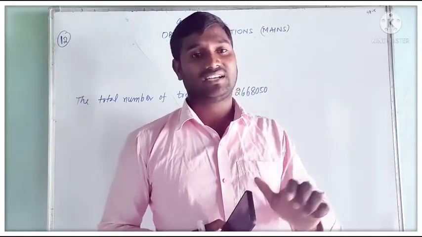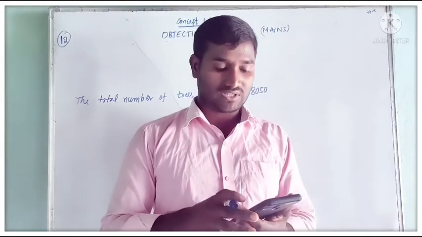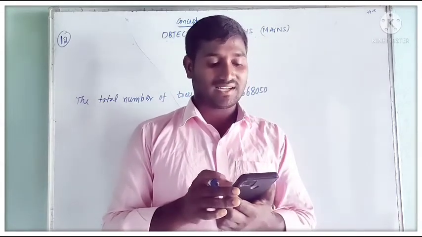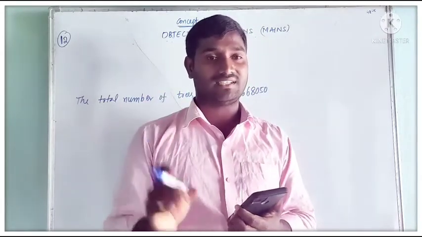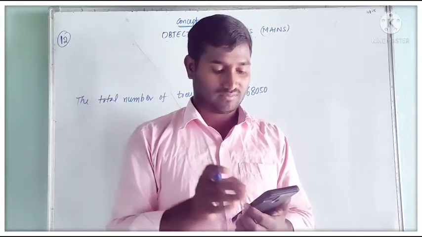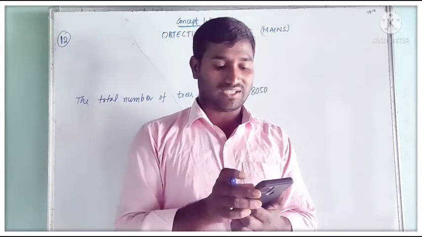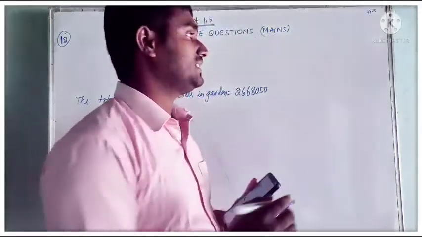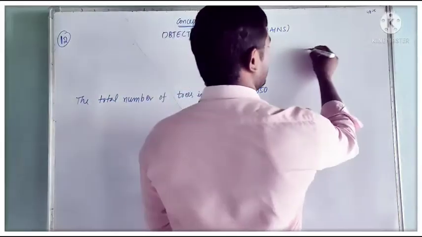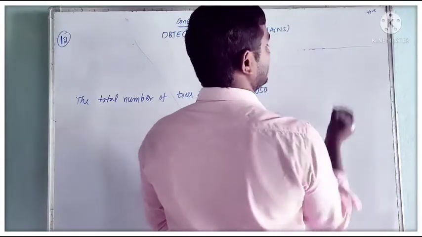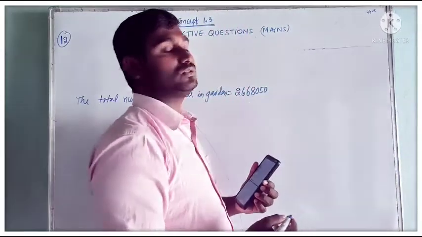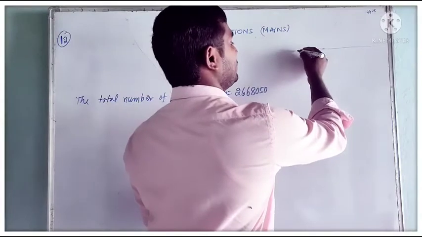Generally, here also in the 12th question, there are a certain number of trees in a garden. In each row some trees we have. The number of trees in each row is 18 times the number of rows.